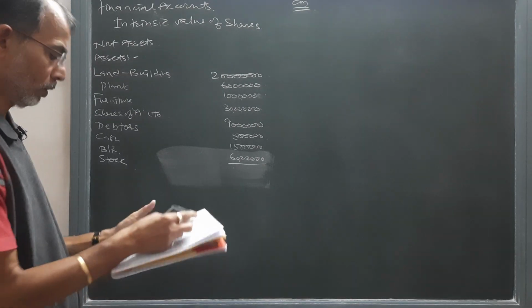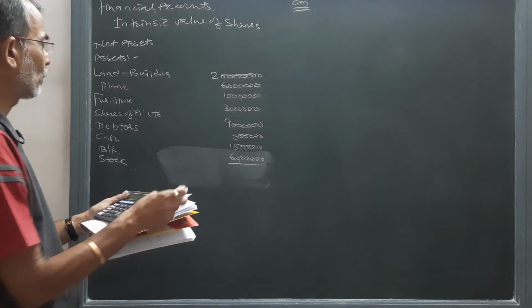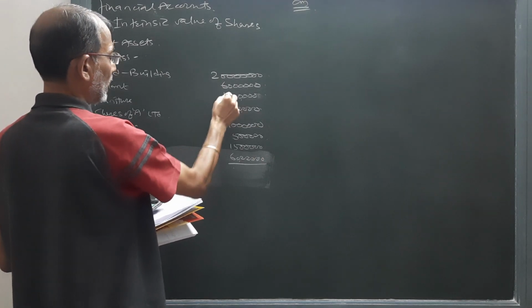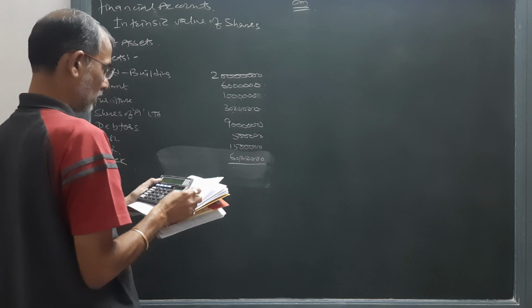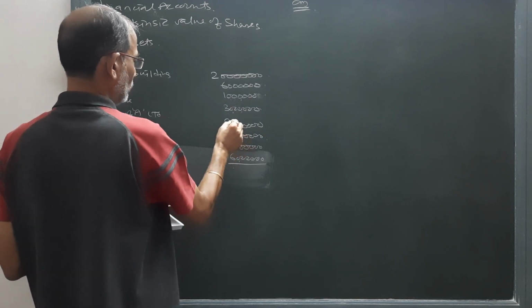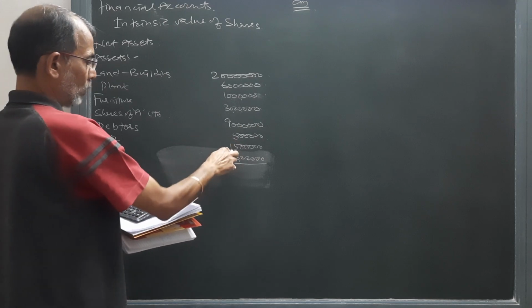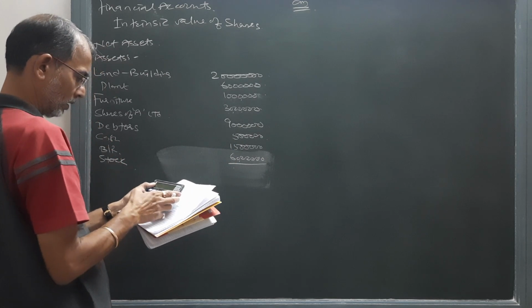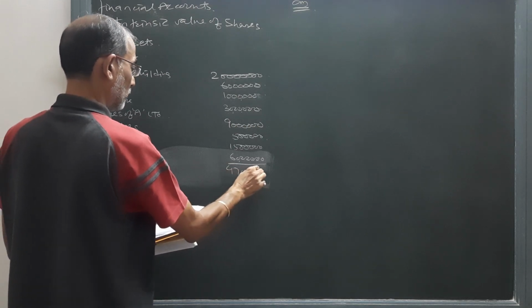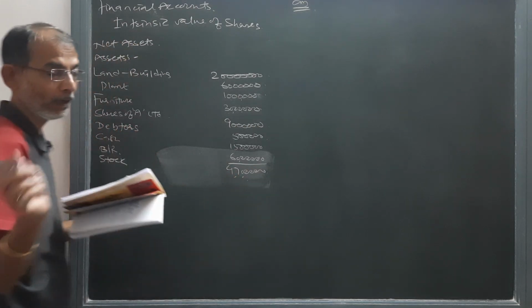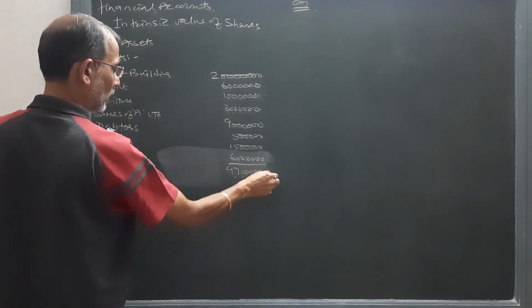So 2 crore plus 70 lakh, 1 crore more, 3 crore 90 lakh, 20 and 60, 80 lakh others. That is 4 crore 70 lakh total assets.